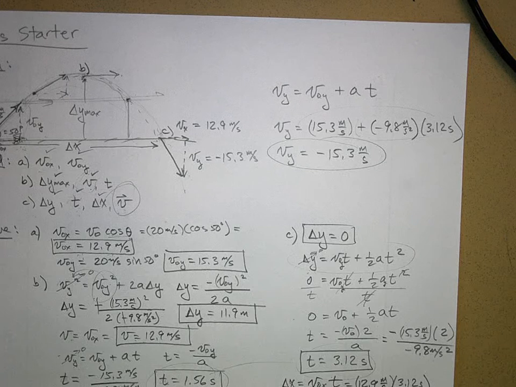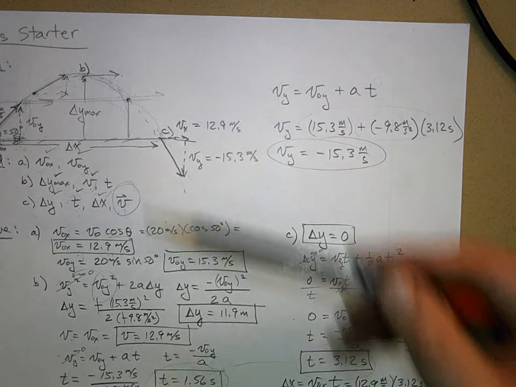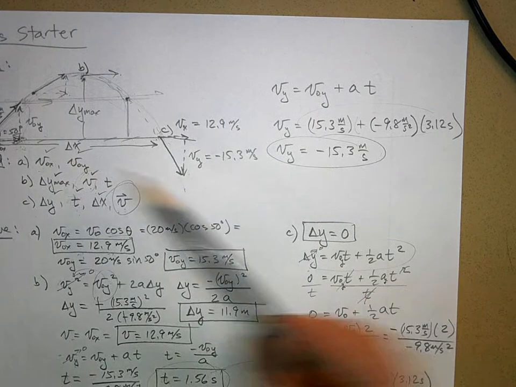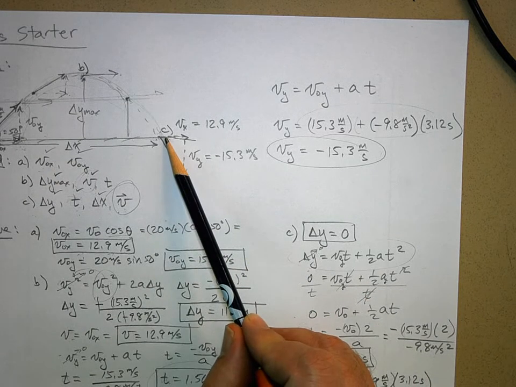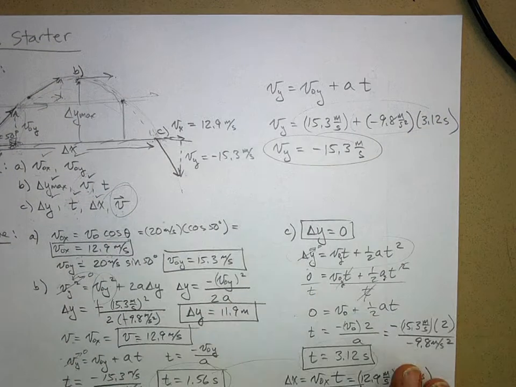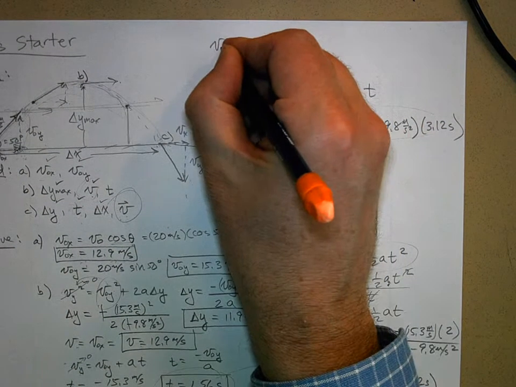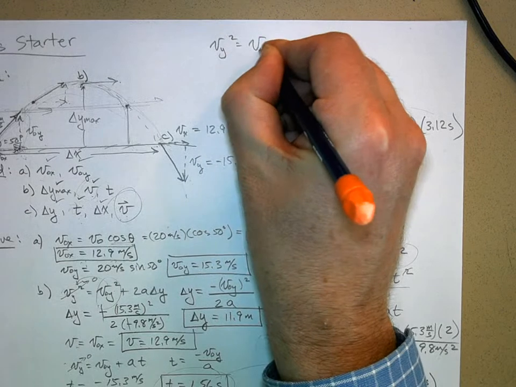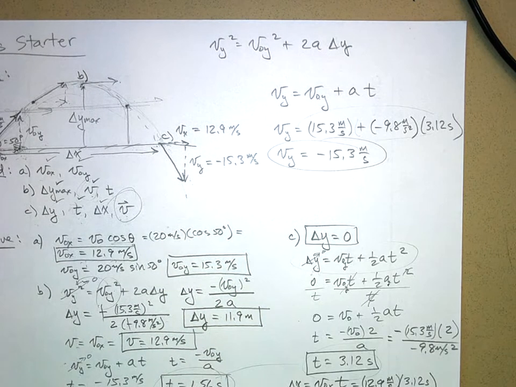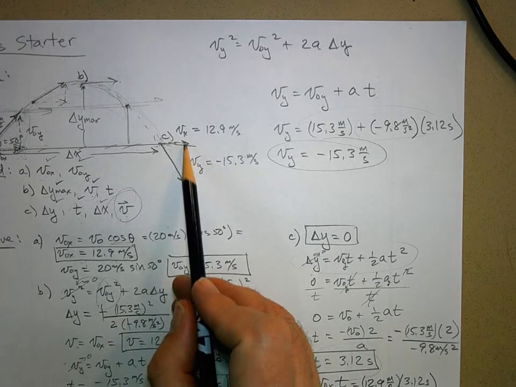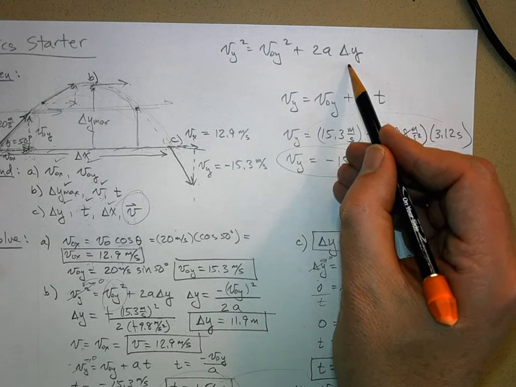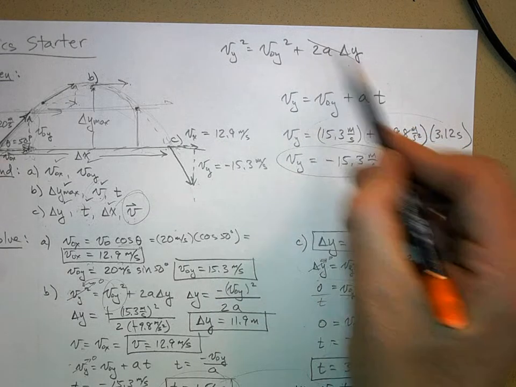Well, there's another way of looking at this. It goes up and it comes down. Now, what's true about delta y here? Delta y is 0. Let's look at the fourth kinematic equation. Vy squared equals V naught y squared plus 2a delta y. If you go up and down, delta y is 0, so this whole term goes away.